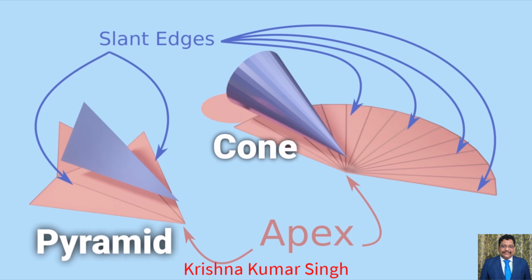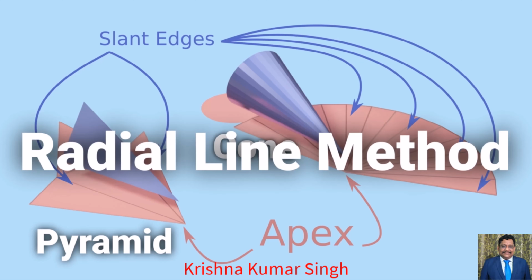Basically, this method is employed for solids like pyramids and cones. In pyramids and cones, the apex is taken as center and any one of the slant edges is taken as radius, and then the pattern is drawn. So we use the radial line method for obtaining the pattern of pyramids and cones.